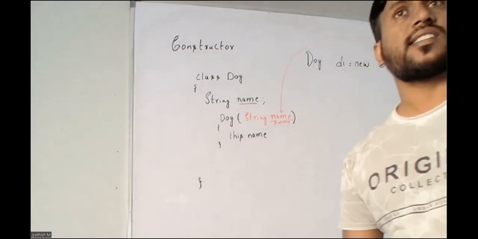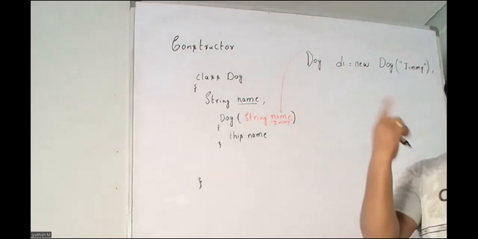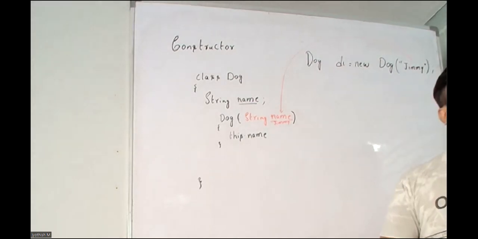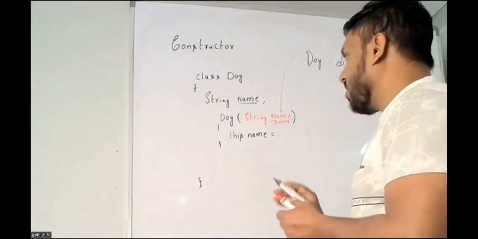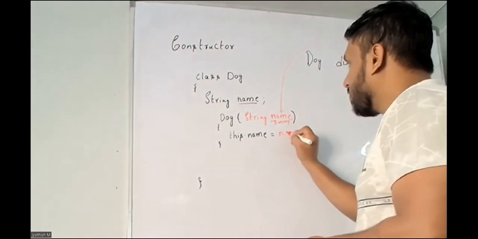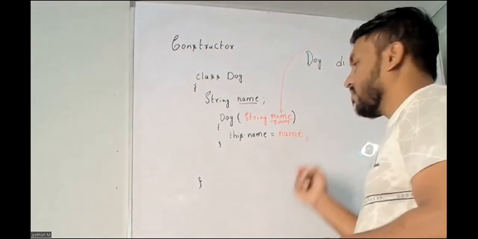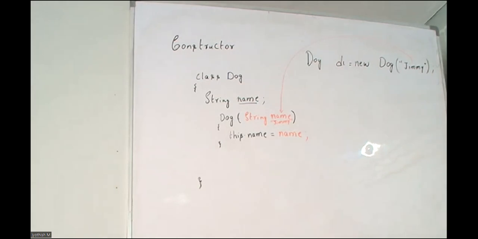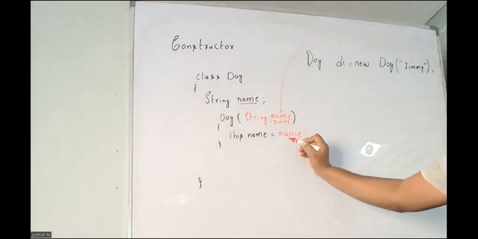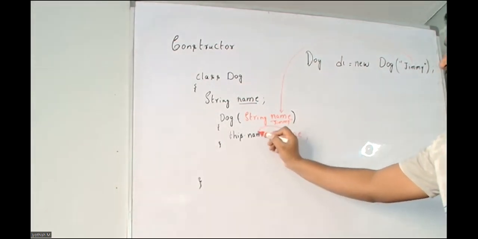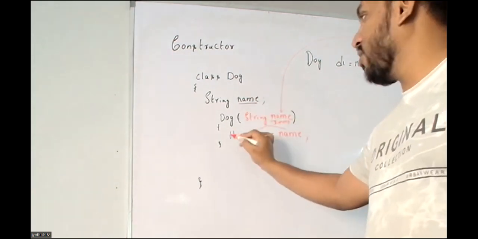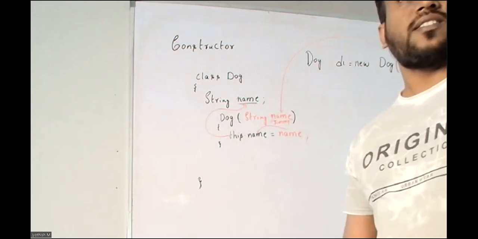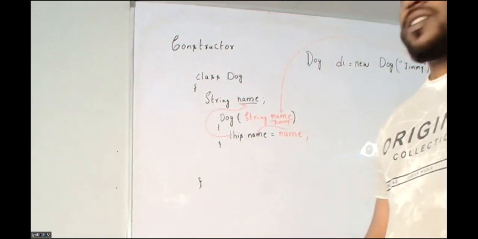Inside the constructor, if you want to call the non-static variable, write this here. This dot name is equal to name. Local variable, what is this? Jimmy. You are initializing the global variable. Now the value of this global became Jimmy. Correct?